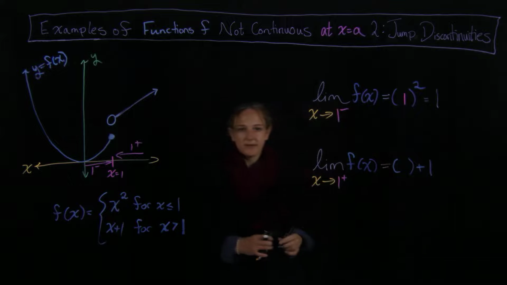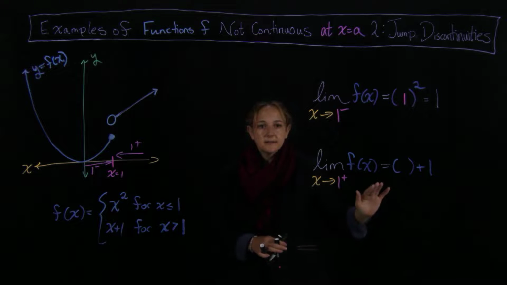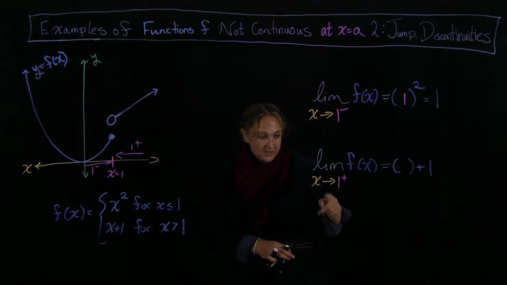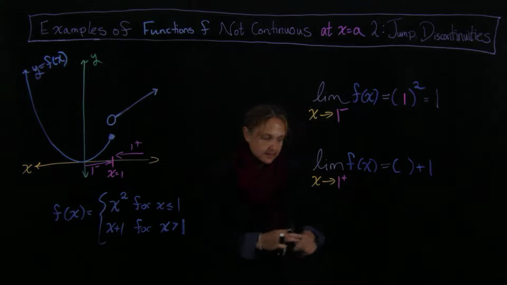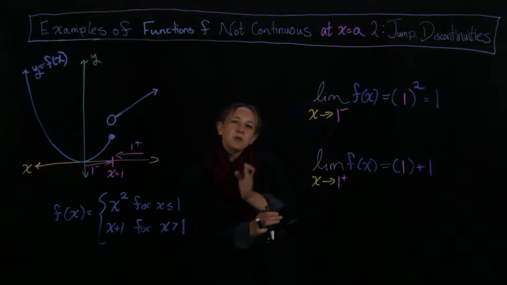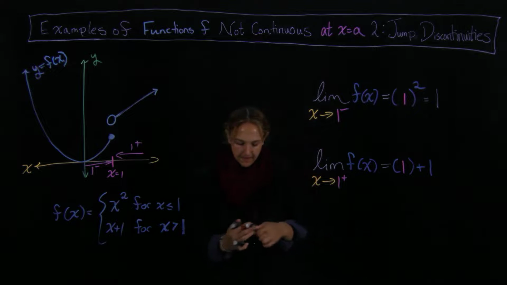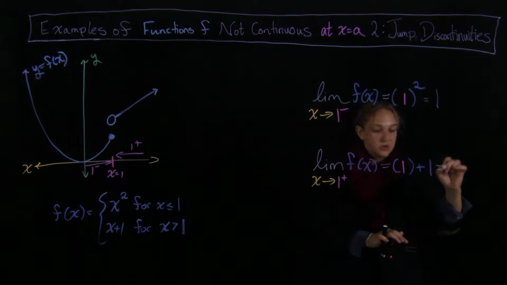I like to put parentheses where I'm going to fill in my x value. And because this function is actually defined at 1, I can just stick that in, but we're just looking at values that are close to it. And that's going to output for me 2.